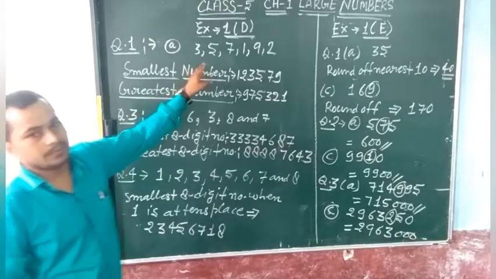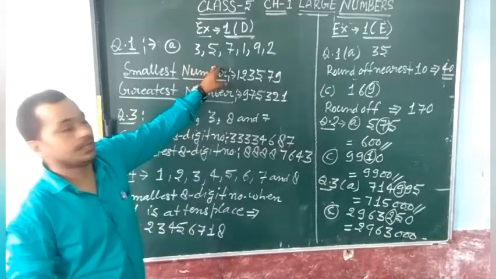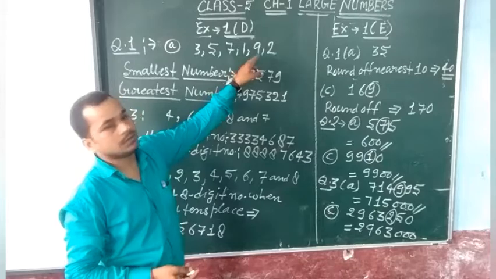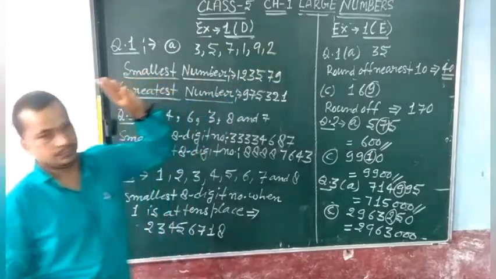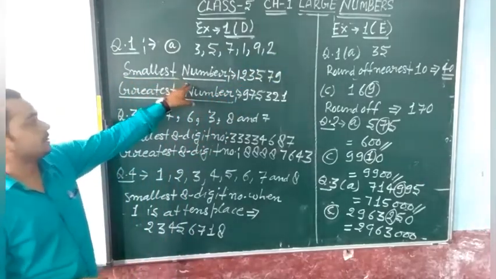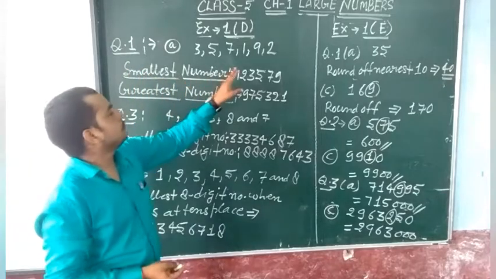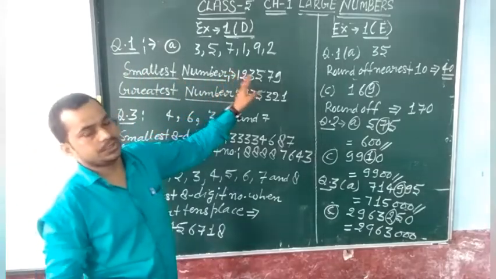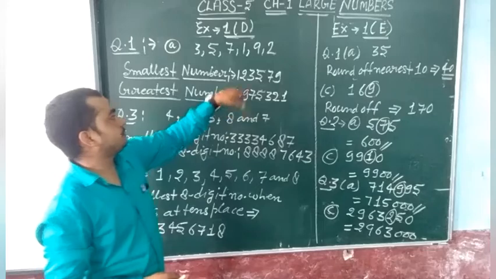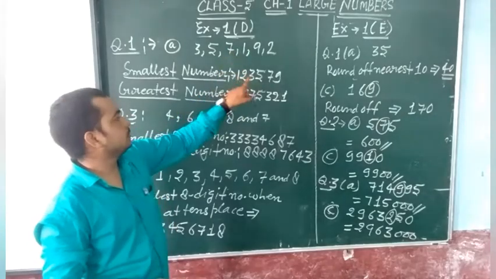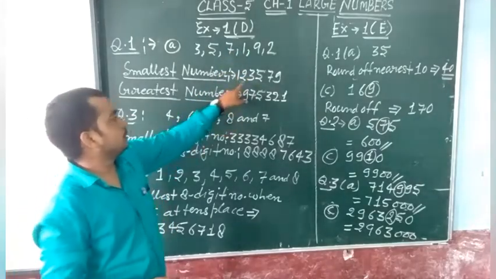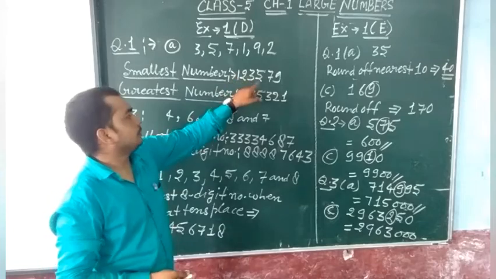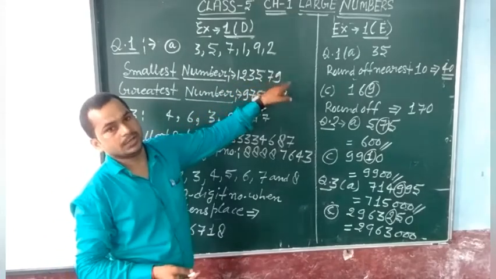So from the digits 3, 5, 7, 1, 9, 2. When we write the smallest number, we arrange in ascending order. So first we write 1, then 2, then 3, then 5, then 7, then 9.